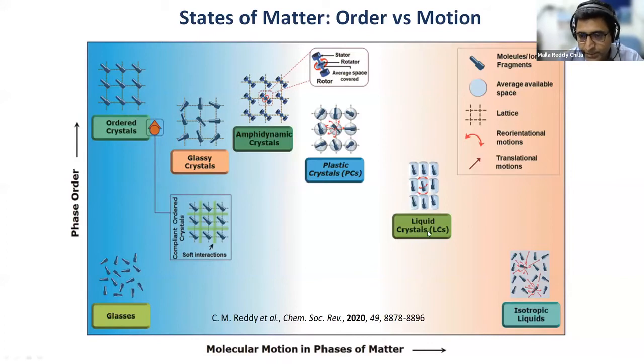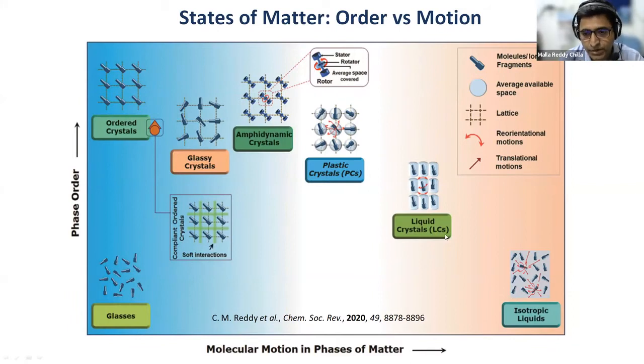Then you have liquid crystals, and then you have isotropic liquids. When you go this side, you have more motions, and on this side you have high order. Here you have perfect crystals with perfect order, and then you have isotropic liquids.